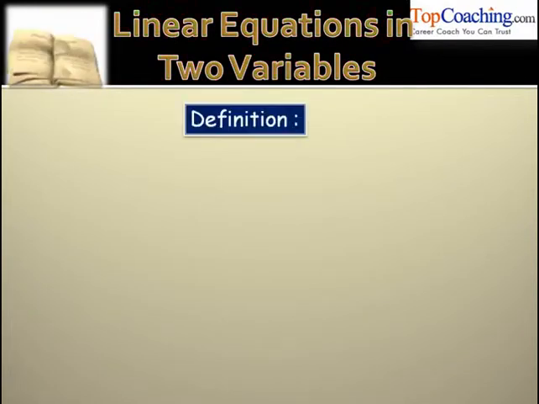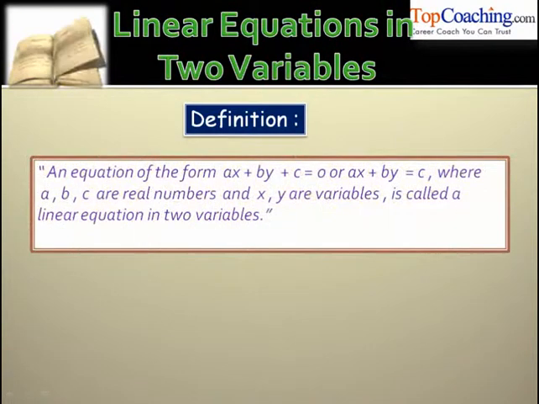So first of all, let's see the definition of a linear equation in two variables. An equation of the form ax plus by plus c equal to 0 or ax plus by equal to c, where a, b, c are real numbers and x, y are the variables, is called a linear equation in two variables.